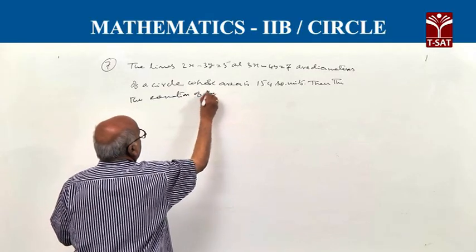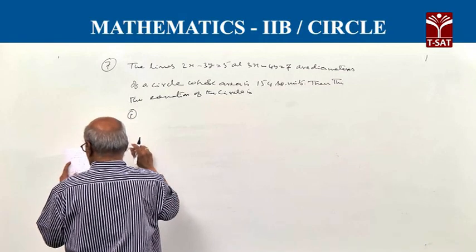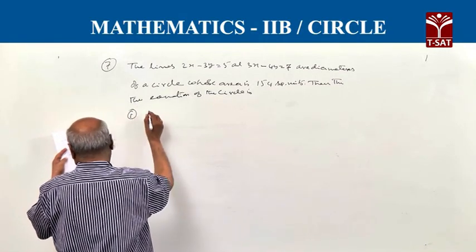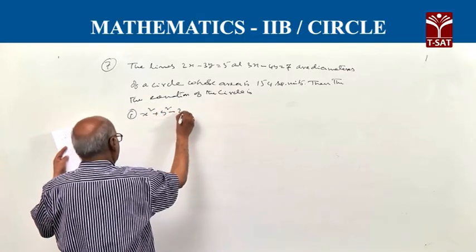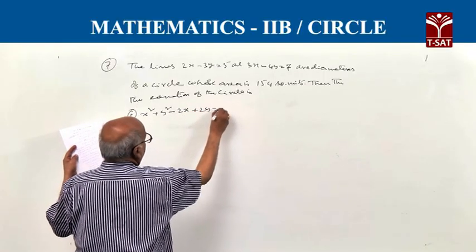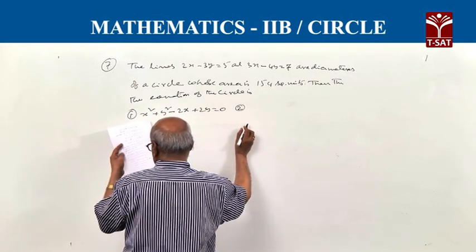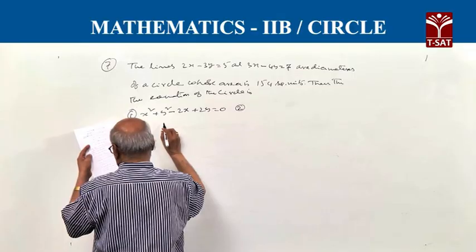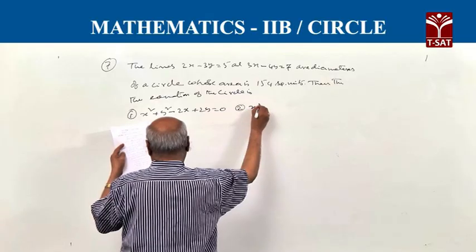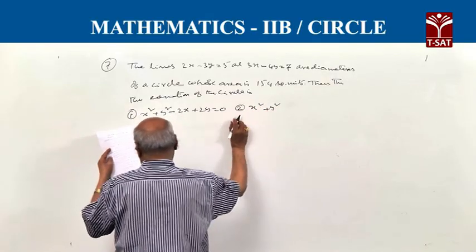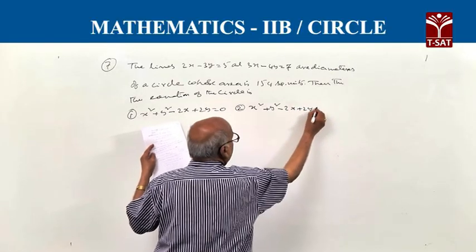The equation of the circle is: number 1, x square plus y square minus 2x plus 2y is equal to 0. Number 2, x square plus y square minus 2x plus 2y is equal to 62.